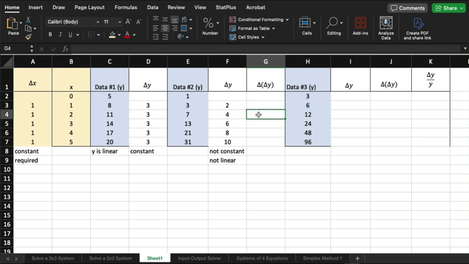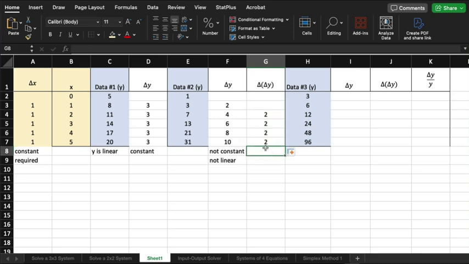So I have to move down again to the next row and type equals F4 minus F3, because I need to subtract what's in the current row minus what's in the row above it. Now we're subtracting our delta y's, so this is the change in delta y. And fill down.